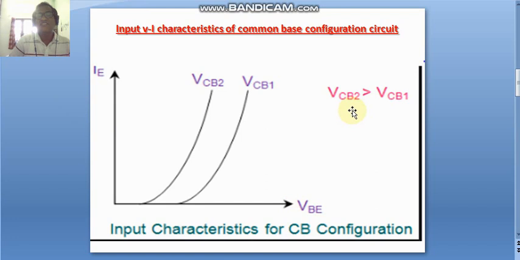Each voltage is greater than the previous one, so we get more curves by repeating the experiment more times. This is the input VI characteristic curve of common base configuration. Now we are discussing the output curve.